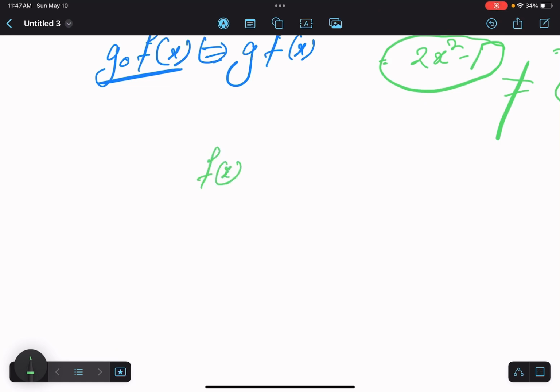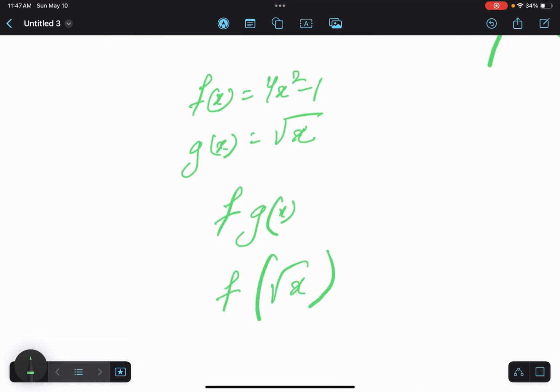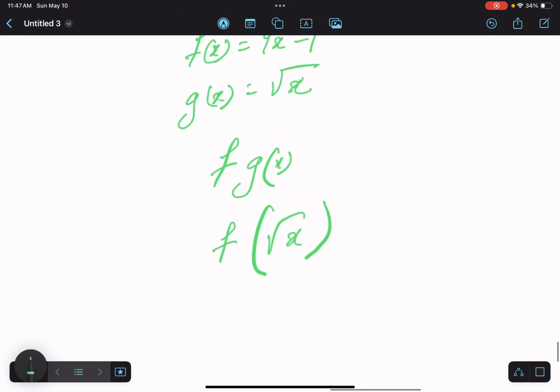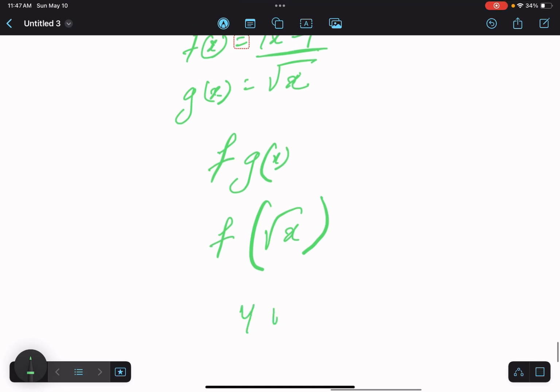Suppose f(x) equals 4x square minus 1 and g(x) equals root x, how do you find f of g(x)? Finding f of g(x) means root x, right? So now put root x in 4x square minus 1, in place of this x: 4 times root x whole square minus 1.